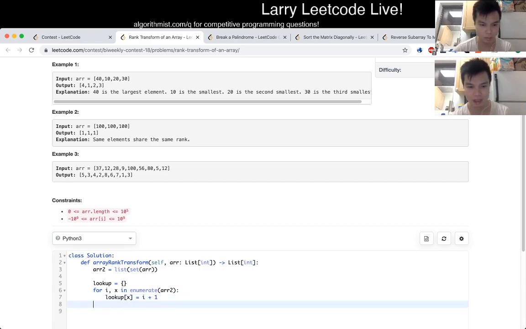And then after that, we could just map it back. And that's essentially what I did.